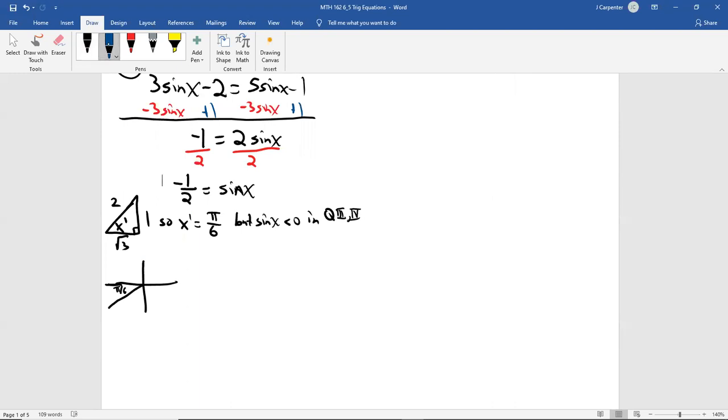Again, that angle is just there. But we need to find the actual angle, which would be starting from the positive x-axis.